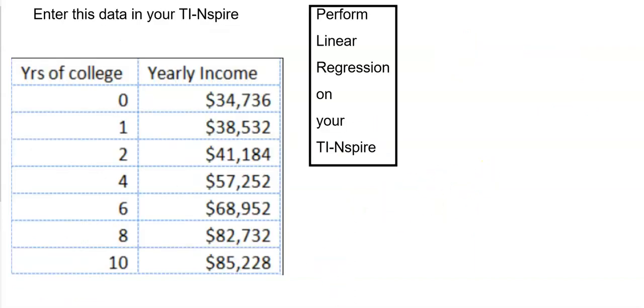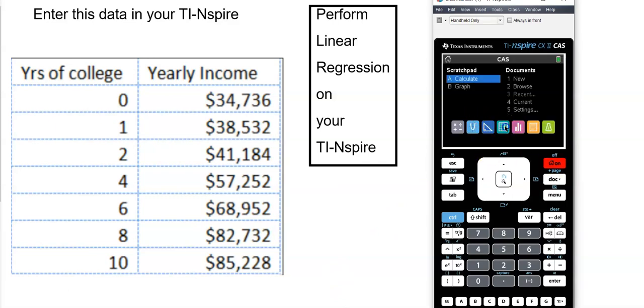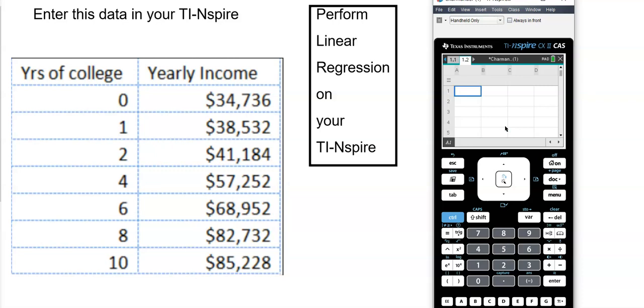And last one, let's look at this data here. So we're going to put in both lists of data. I'm going to call this college, or COLL. The second list I'm going to call INC, income. Okay, I'm going to put in 0, 1, 2, 4, 6, 8, 10.